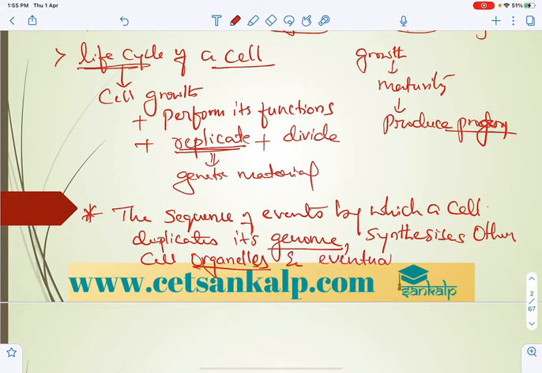Once all those organelles are duplicated, the cell is ready to divide into two daughter cells. This is the definition of the cell cycle.